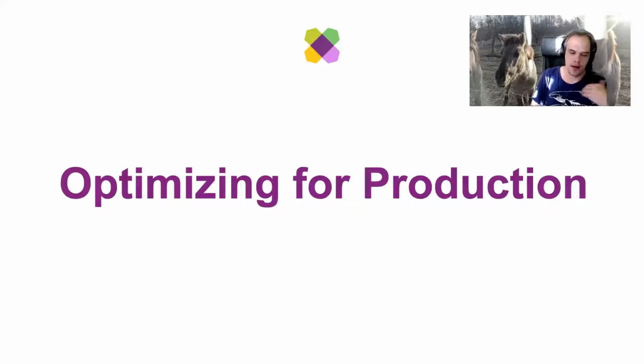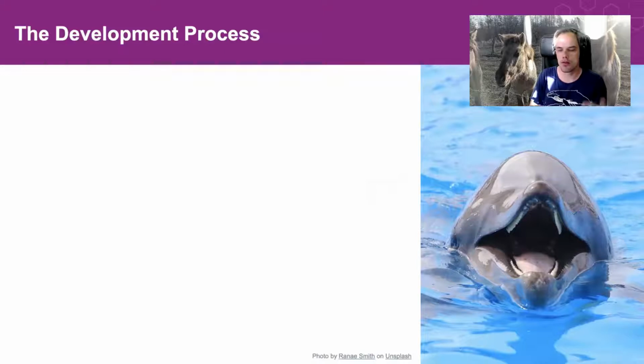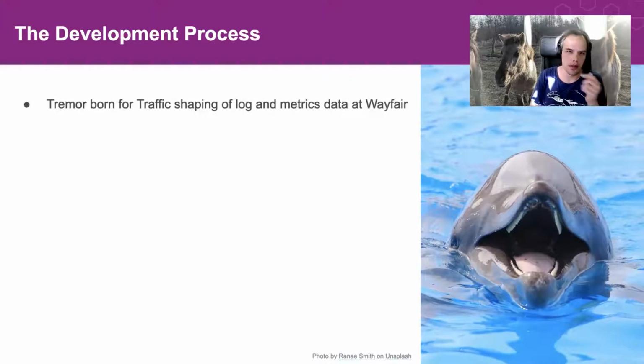So now, how do we optimize for production? First, the development process. We were born to solve the problem of traffic shaping of logs and metrics at Wayfair, because during Cyber 5 everything exploded and it was not possible to actually see the logs and the current data, the status of our system, because everything was overloaded, not only the system but also the log and metrics pipelines.